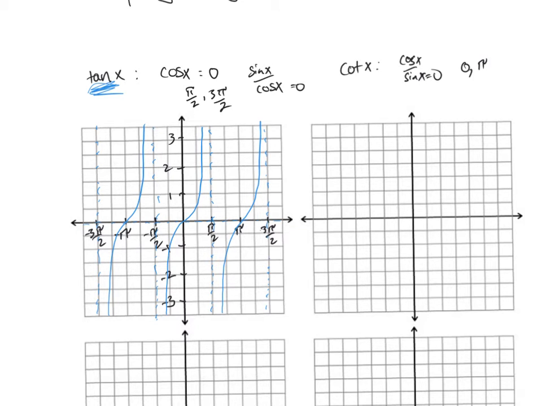So if I were to quickly put in my units, now put in my asymptotes. Here, this will be 0, pi, negative pi. There are my asymptotes.